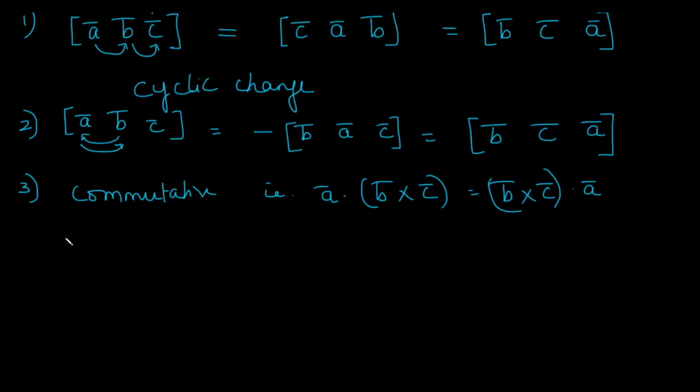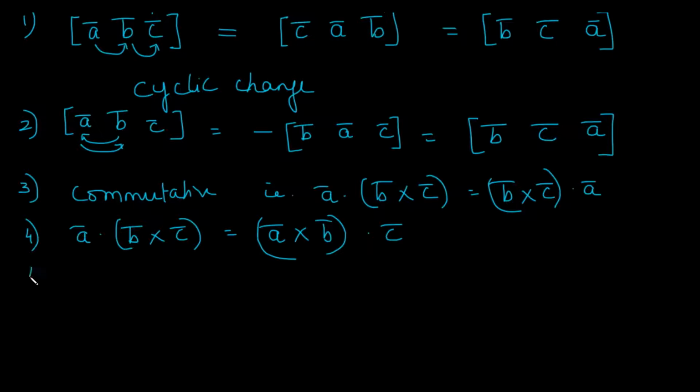From this we can derive that the dot and the cross can be interchanged without changing the value of the product. So we can have A dot B cross C, which can also be written as A cross B dot C. So the dot and the cross can be interchanged without changing the meaning.